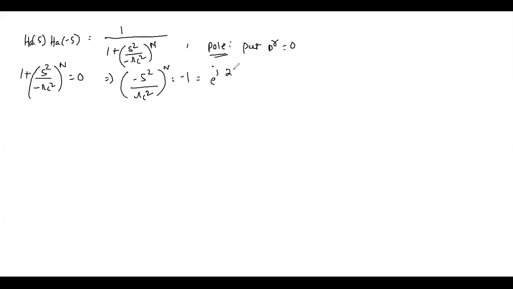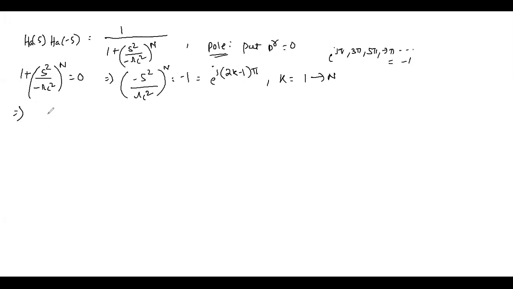Minus 1, I can write like this: e to power j(2k minus 1)pi, because you all know that e to power j pi, 3 pi, 5 pi, 7 pi, yes or not? These all values are minus 1. That's why it's an odd multiple of pi. It is e to power j(2k minus 1)pi, where k is 1 to n, because it is s square.